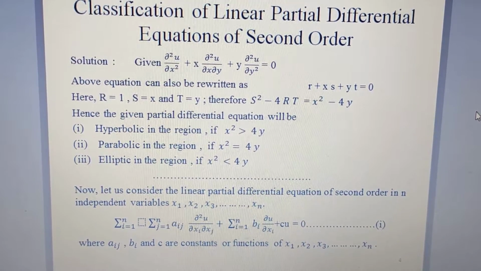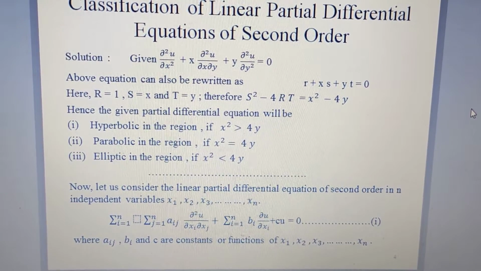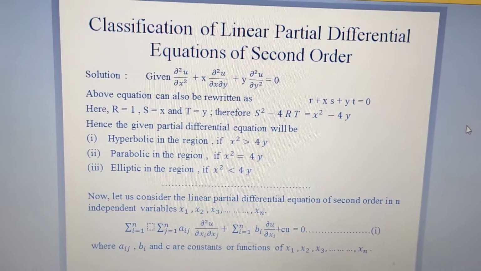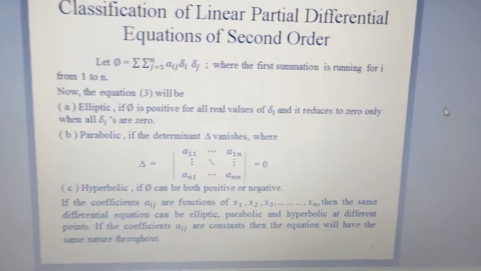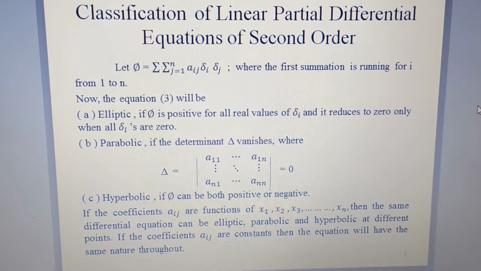This is a standard form where aij, bi and c are constants or functions of the independent variables x1, x2, x3 up to xn.